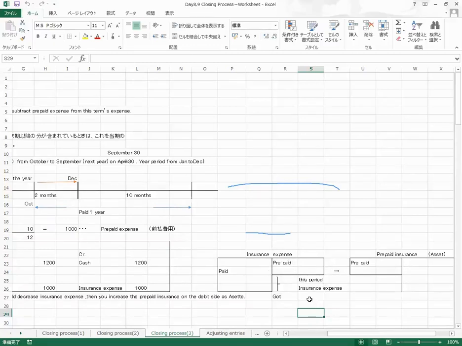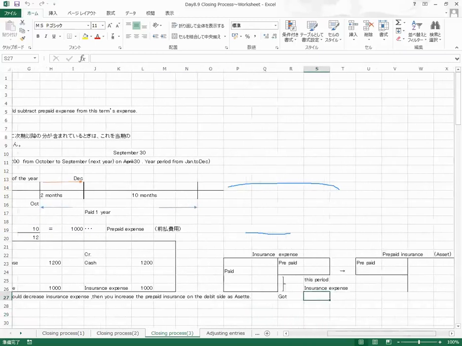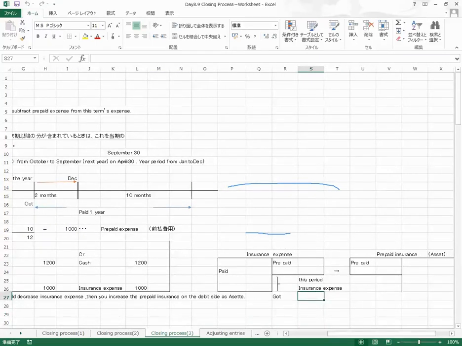So in this case, you should include just 2 months to insurance expense, and the 10 months prepaid one goes to be asset to the next term.